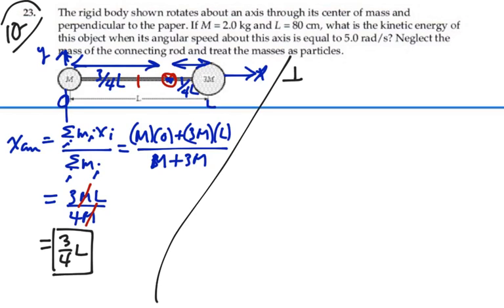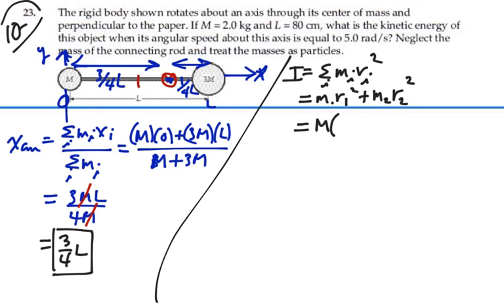So our moment of inertia, which is the summation of every mass multiplied by its distance away from the axis squared, is going to be equal to m1 r1 squared plus m2 r2 squared. So that's going to be equal to m times (3/4 L) squared plus 3m times (1/4 L) squared.